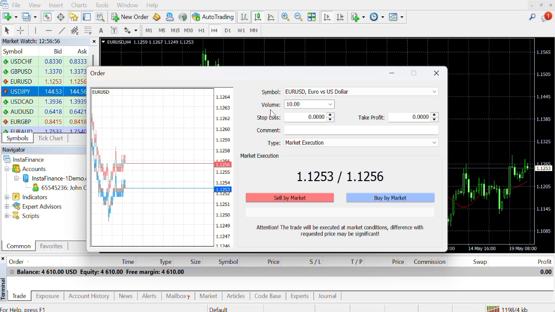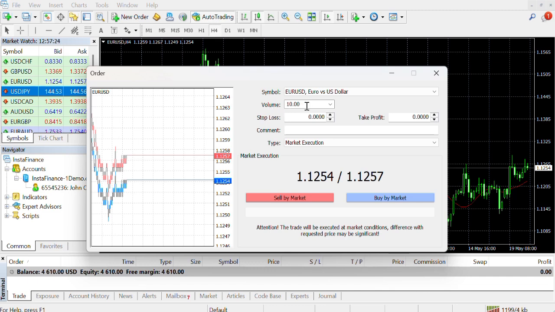Then the second one is the volume. This volume is the same thing as we discussed as the lot size. Any trade you want to enter, there should be a lot size, the volume of that trade. Remember that profit is usually calculated by the volume or the lot size multiplied by the pips. The pips, the price movement, how many pips it moves from where you enter the trade to where the trade closes.